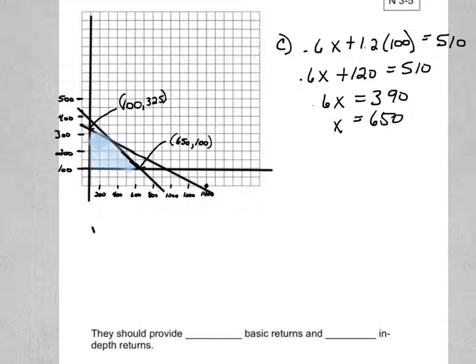Now the other one that you're going to have to get is this point right here, that intersection between the two sloping lines, and so we take those equations and solve using substitution or elimination. So we have 0.5x plus 2y equals 700, and then 0.6x plus 1.2y equals 510.